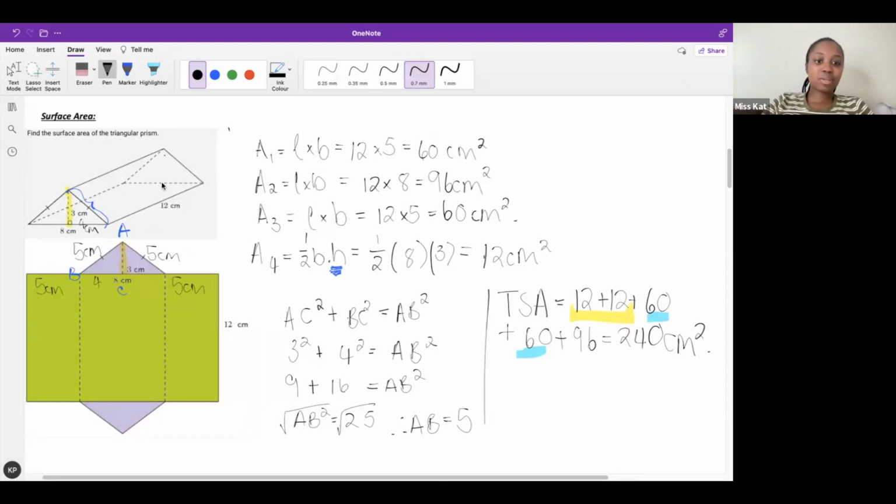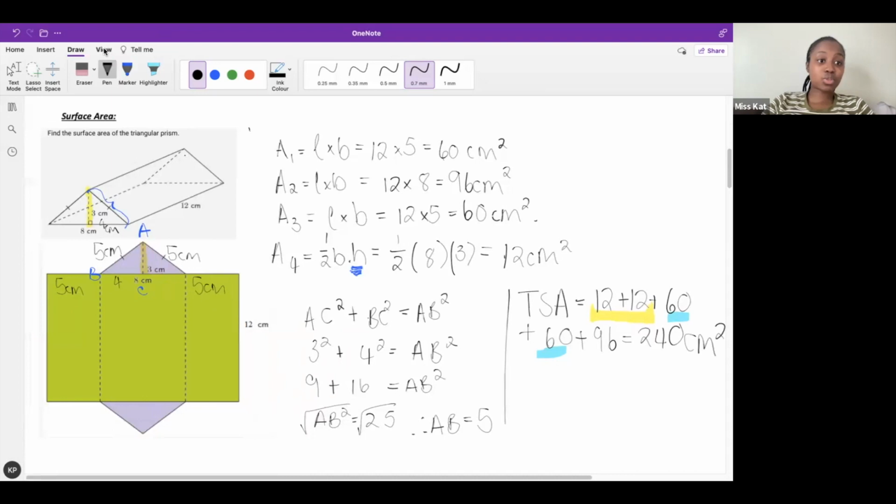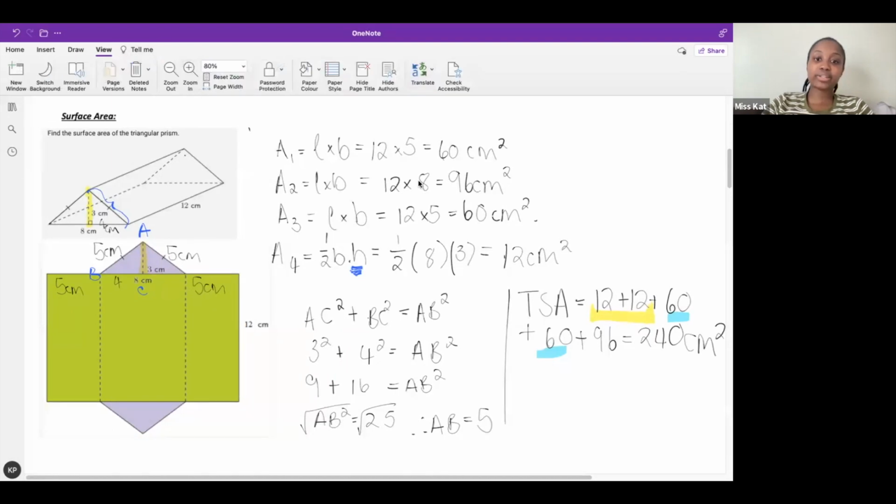I missed all your thumbs up, but since I got only one question, I'm assuming we are all fine. Screenshotters, let's do the right things quickly. So the surface area of a triangular prism is much more tedious. It's a lot more work. Because with a rectangular prism, all we do is times by 2, times by 2, times by 2.